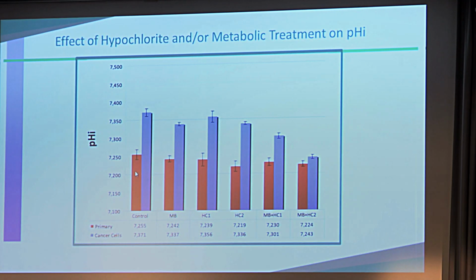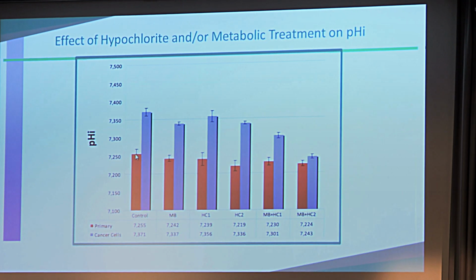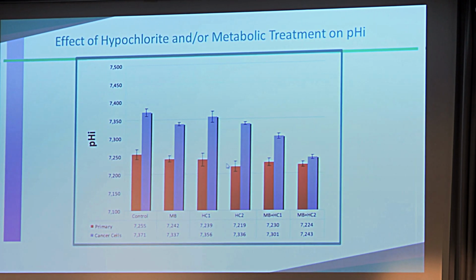So these are experiments. I got the results also 2 days ago. First, in red, you see normal cells. The pH is 7.2. So it's known that below a pH of 7.2, cells cannot divide. When you look at cancer cells, the pH is alkaline. And when you add either the metablock, so it's lipoic acid and hydroxycitrate, or hypochlorite, you don't see much.